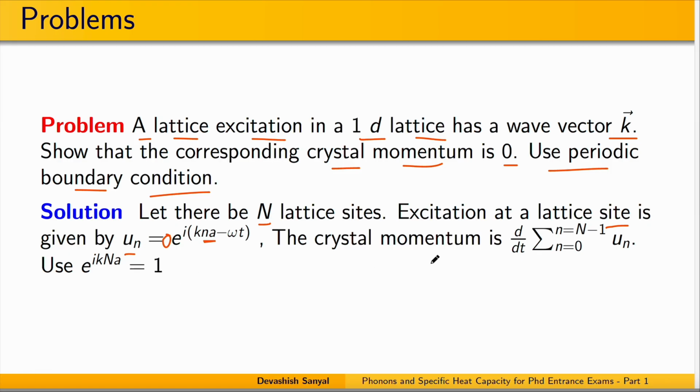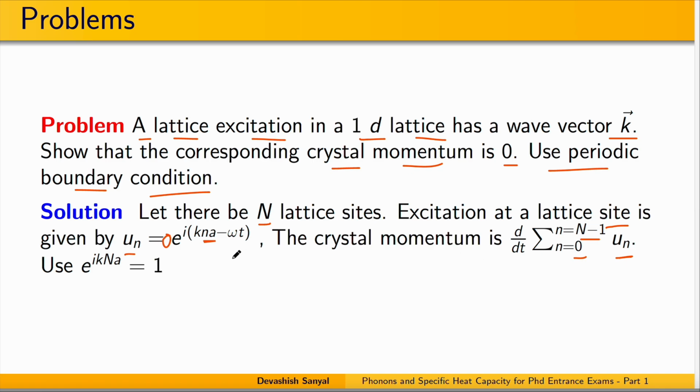So the crystal momentum is the sum of M times d/dt of u_n. Since all the atoms have the same mass, I have ignored the mass term here. And there are n lattice sites, so n will go from 0 to N minus 1.